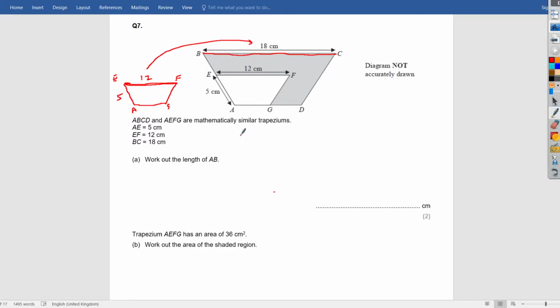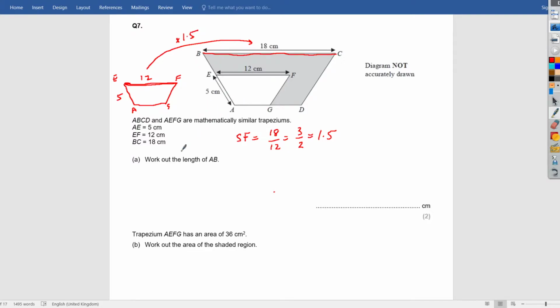To look at the scale factor, I always get the bigger, longer side, 18, divided by the smaller side, which is 12, the corresponding one. 6 into both of them: 6 into 18 is 3, 6 into 12 is 2, that is 1.5. So the multiplier, as some of you might have told straight away, is 1.5.